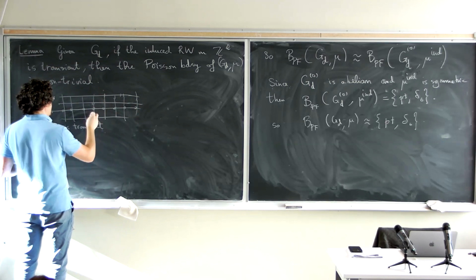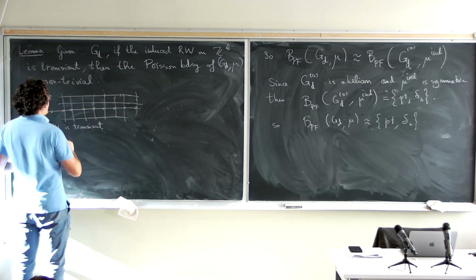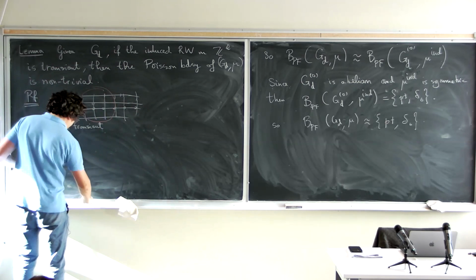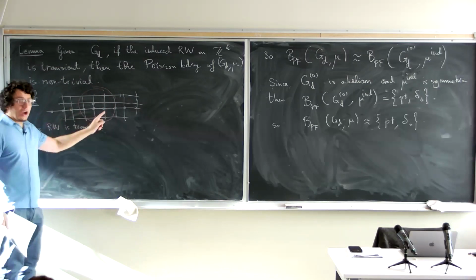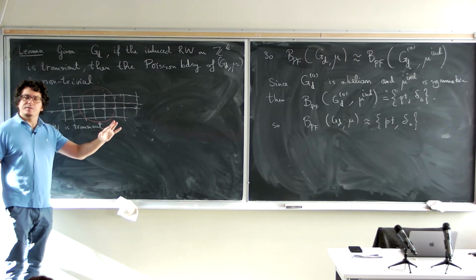you see, it's transient. So eventually, almost surely, it's going to exit any compact set. So almost surely the support of the lights will be stabilized.